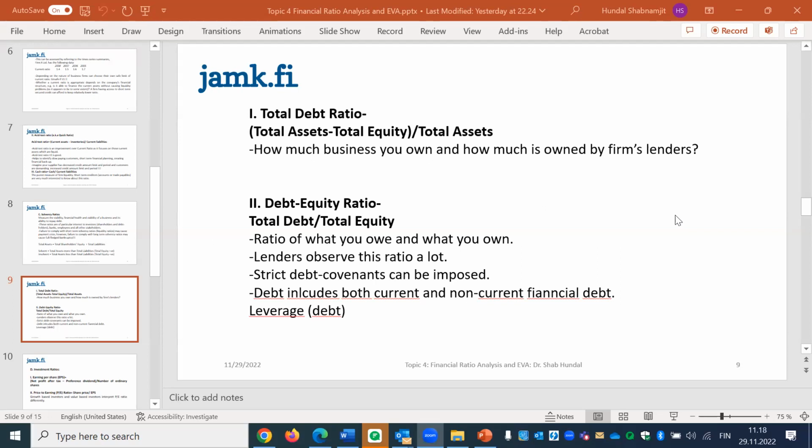But if there is a bad external environment and you are not able to meet your payment targets, then the company can run into crisis. It's like panicking. And when you are panicking, you very often take suboptimal decisions.